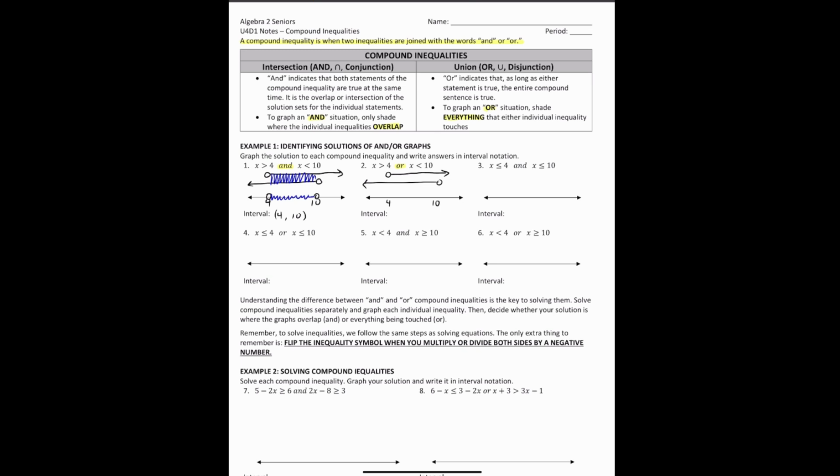So if I look at x is greater than 4, we start at 4. It's an open dot here, and we are shading to the right. Now, as it approaches 10, 10 is going to be included. So that open dot now becomes a shaded dot or a closed dot. So 10 is going to be included because, look, 10 is greater than 4, right?